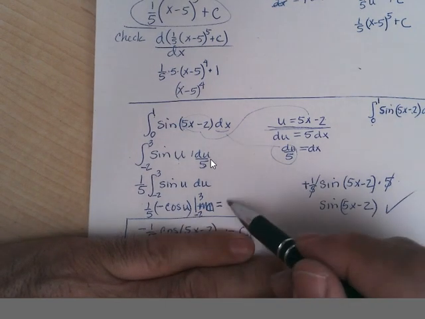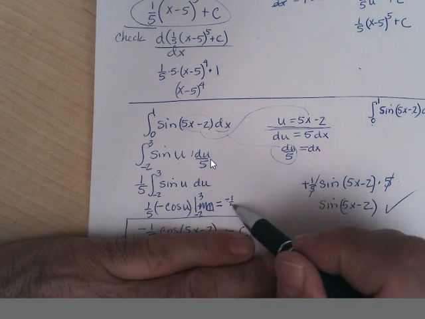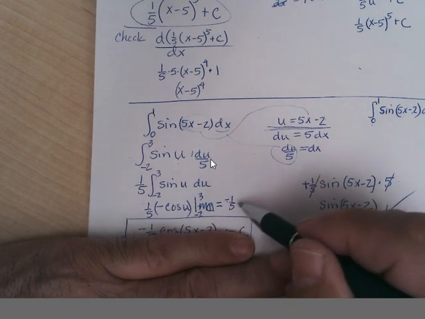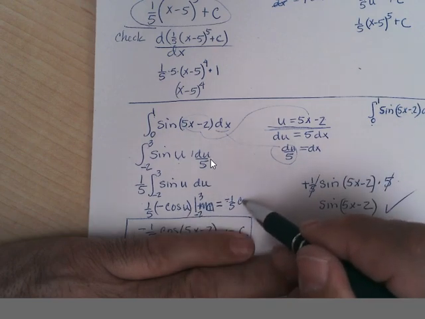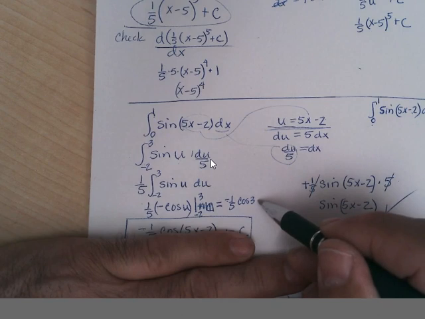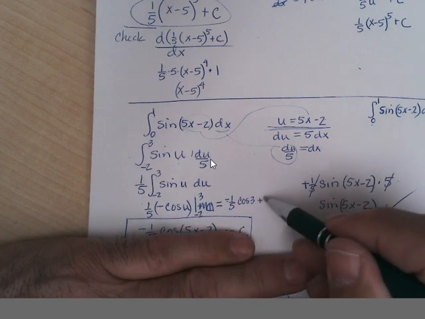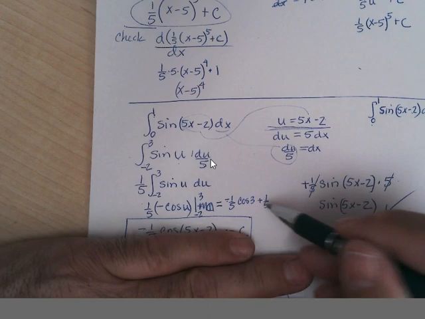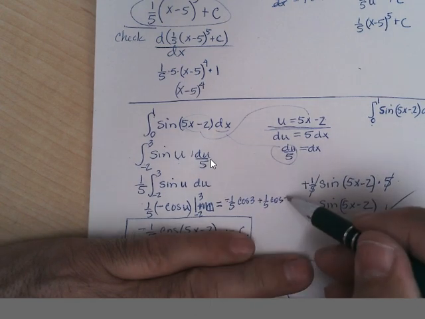I'm going to put the minus in front of the fifth, so I got minus 1/5, plug into the cosine of u a 3, cosine of 3, and then we do minus a minus 1/5, which would be plus 1/5 cosine of minus 2.